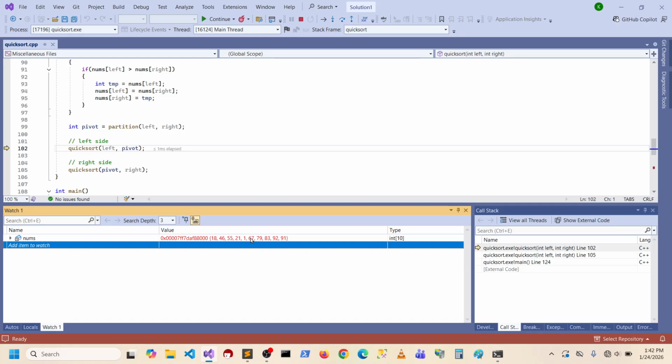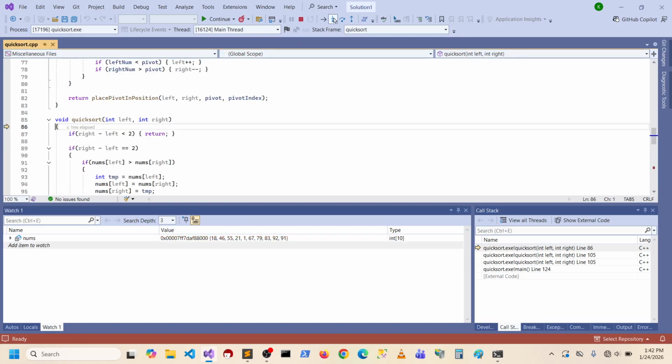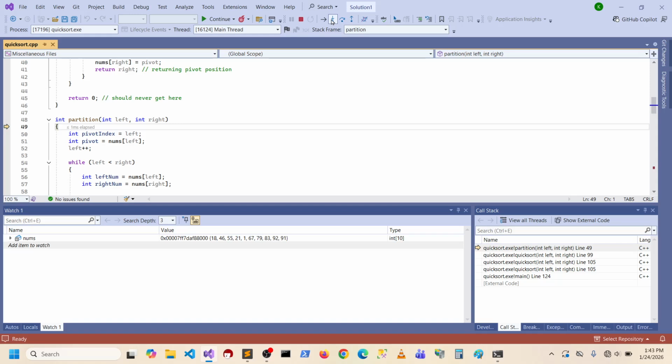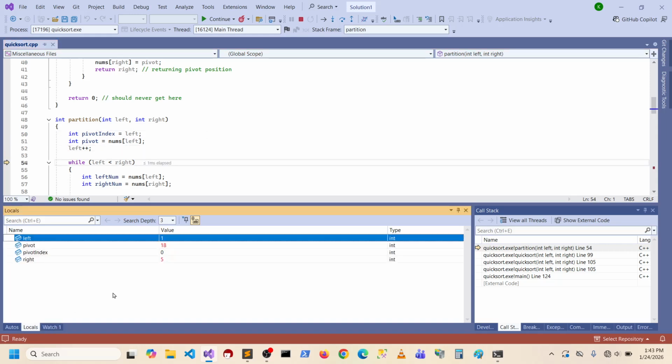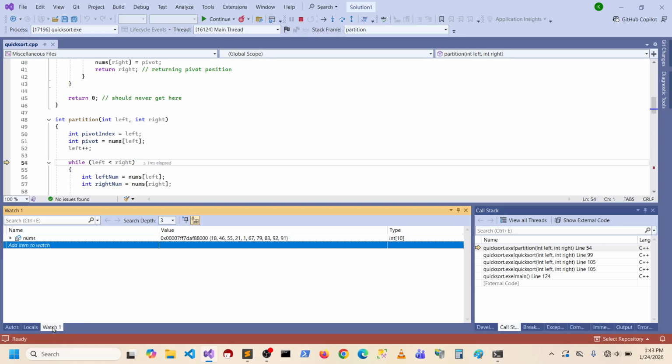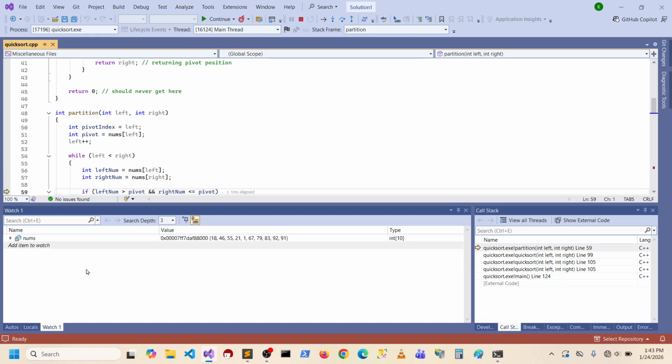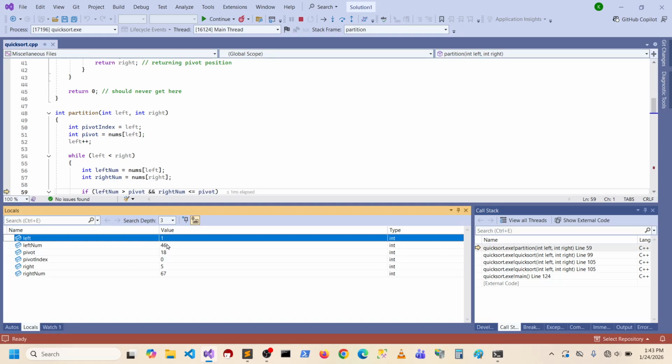Pivot is still 5. So we're still on 18. So 46 needs to be swapped.